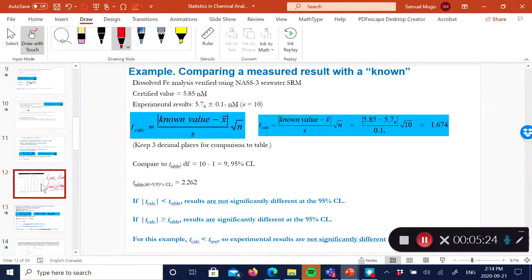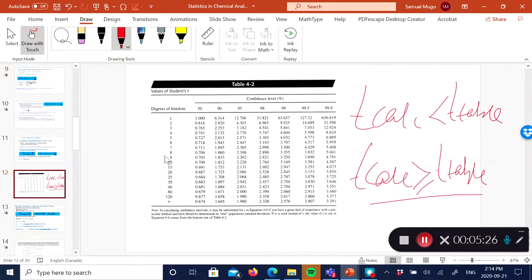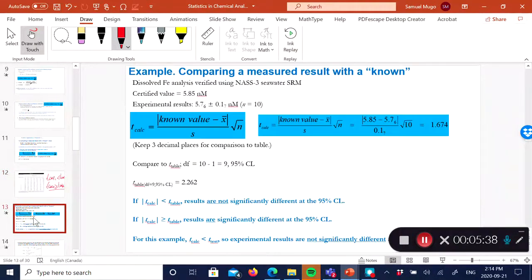So if you come here on the table, the degrees of freedom is 9 and 95% confidence interval, and so the t from the table is 2.262. And so as you can see, the 2.262 is much bigger than the t that you've calculated, and as such, the null hypothesis holds true.